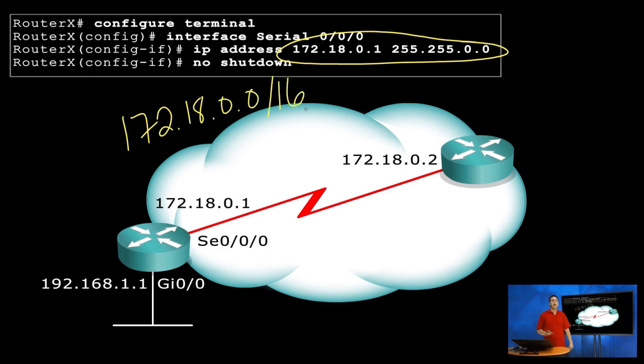So it figures out the network ID, and then it puts this network ID in the local routing table as a directly connected route. So we get directly connected routes in the routing table by having an IP address on an interface, and the interface being enabled, meaning it is up.